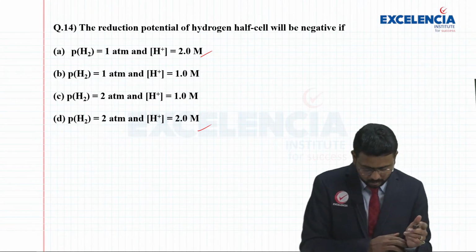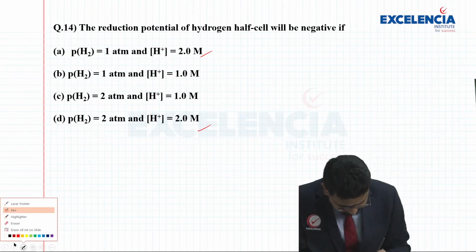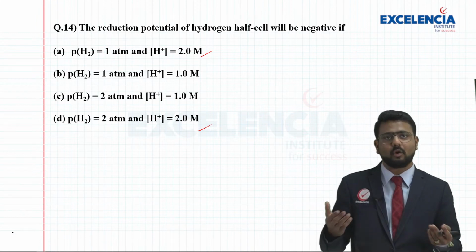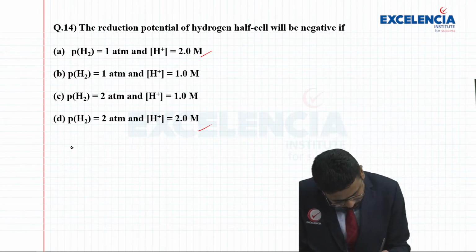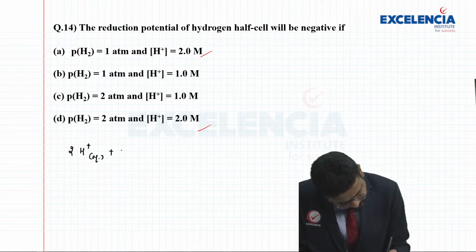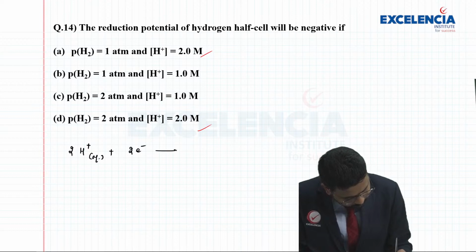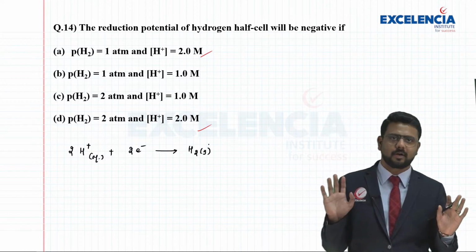Clear? So first and foremost, let us write the equation for reduction for the hydrogen half cell. Here you have 2H+ aqueous plus 2 electrons gives you H2 gaseous state. Simple, straightforward. This is the reduction reaction.